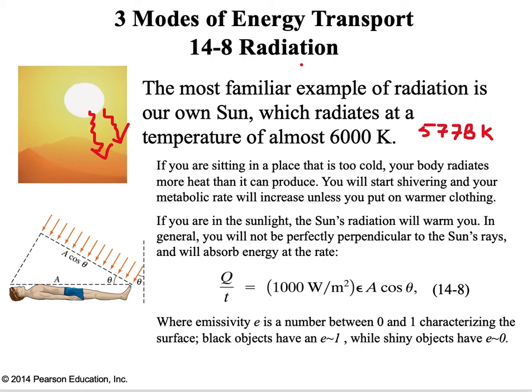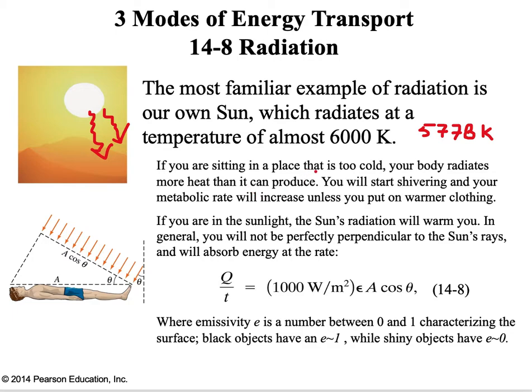You can't see the heat rays coming from the sun through Earth's atmosphere down to your arms, but you can feel it. So radiation you cannot see, conduction you cannot see, but convection you can see because it's bulk mass motions of objects. Radiation you feel the heat from the sun. The sun radiates at a temperature of 5778 Kelvin.